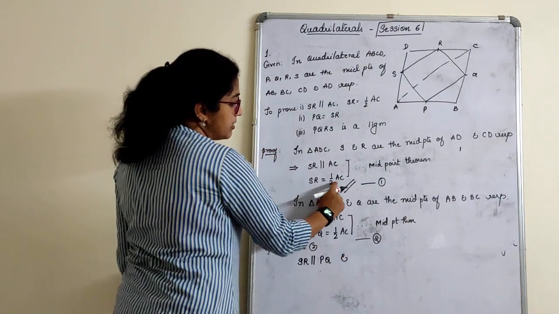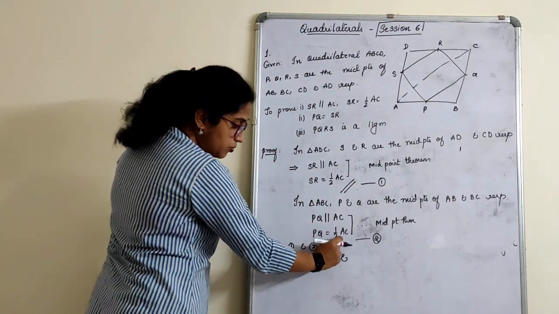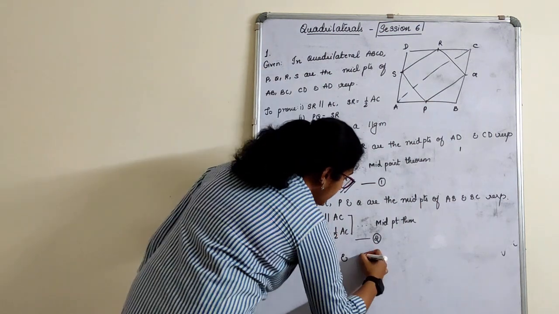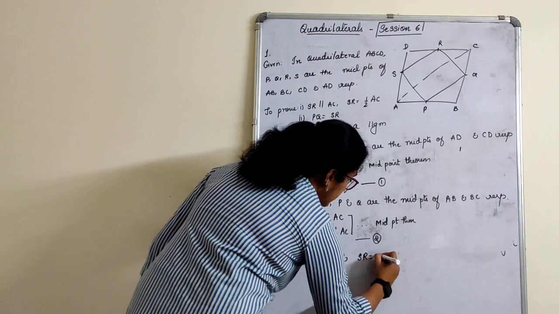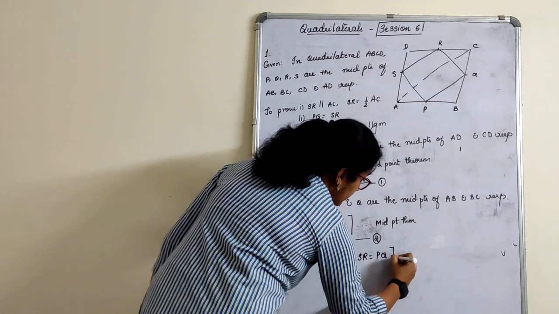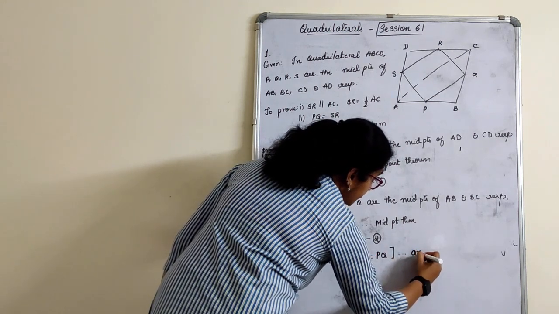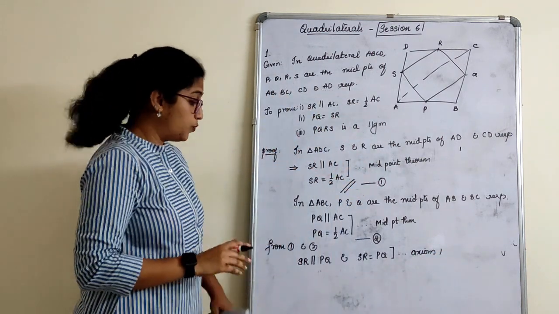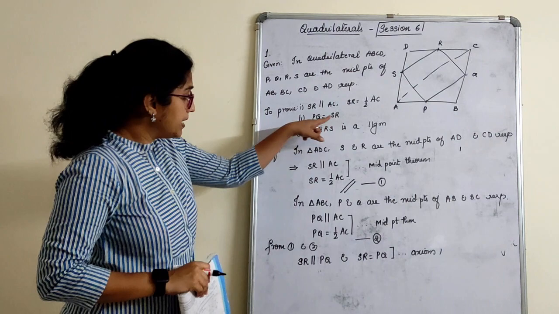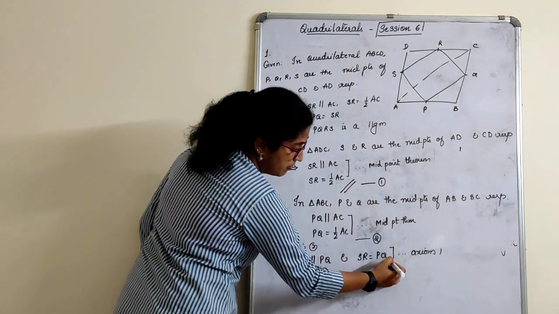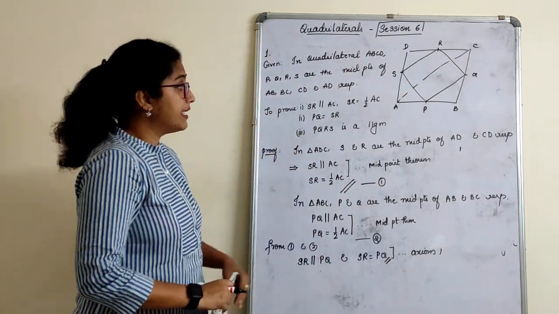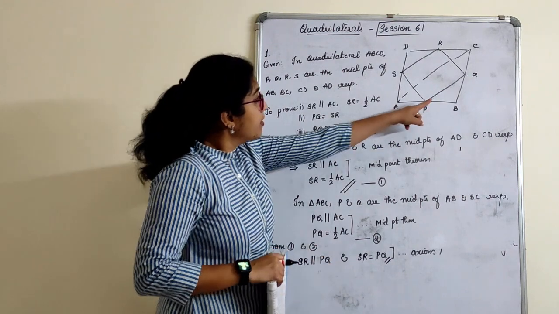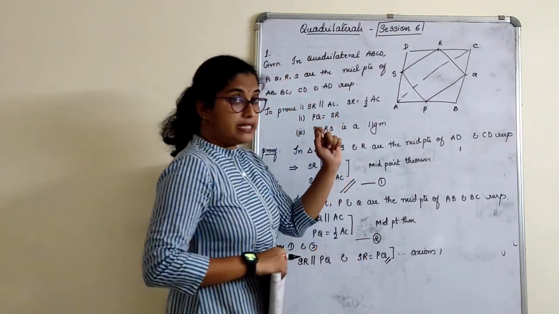SR is equal to half AC, PQ is also equal to half AC, so SR is equal to PQ. Reason? Axiom 1. Things equal to the same thing are equal to one another. PQ is equal to SR. Second part we also proved, right? That means PQ is equal to SR.